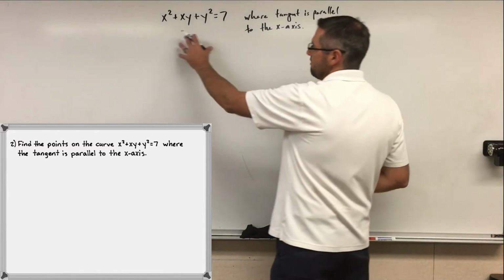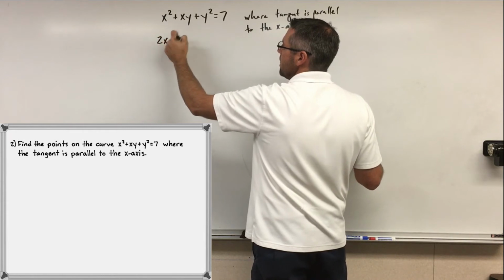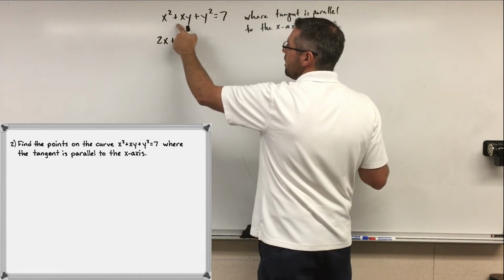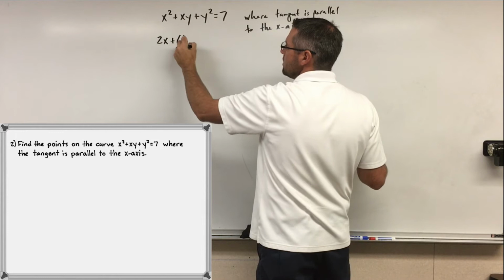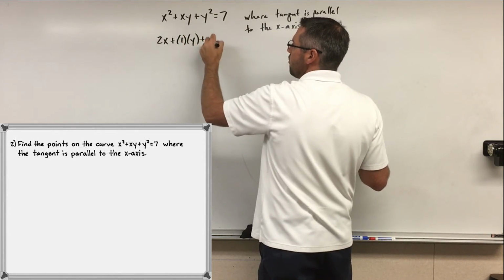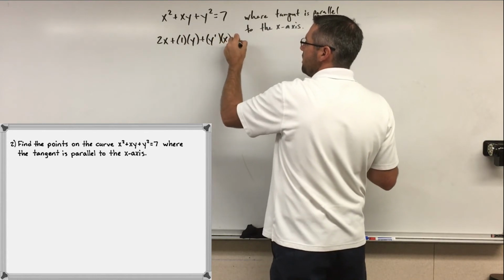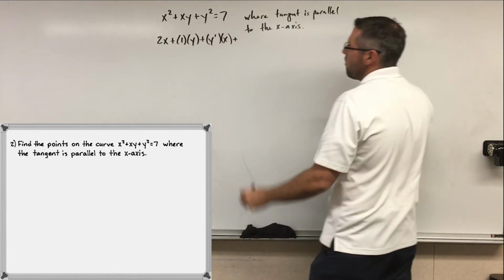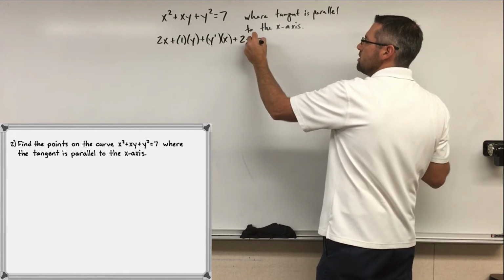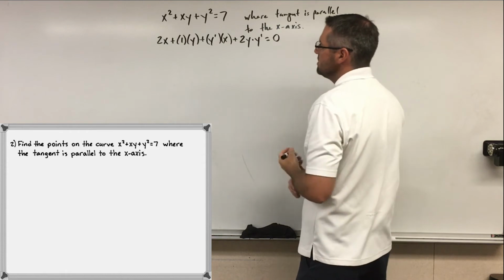So let's go ahead and take the derivative. We would say the derivative of x squared is 2x plus, now we've got to use the product rule here. The derivative of x is 1 times y plus the derivative of y, which is y prime, times x. And then chain rule, plus the derivative of y squared is 2y times y prime, and the derivative of 7 is 0.